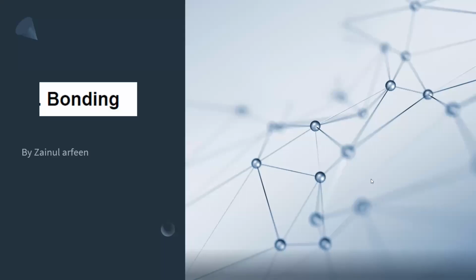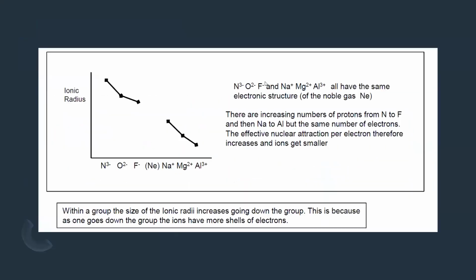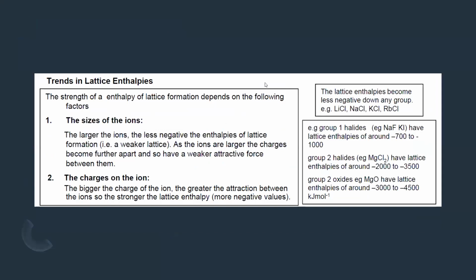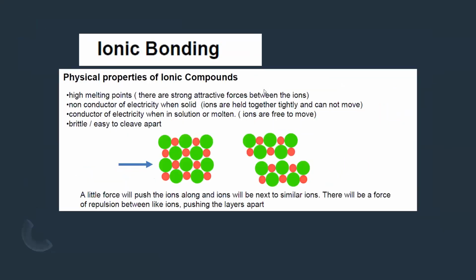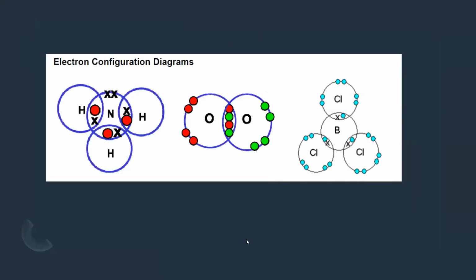Good evening, everyone. Yesterday we were discussing covalent bonding, the bond which is formed by sharing of electrons, as well as the dative bond. And covalent bonds are of two types.